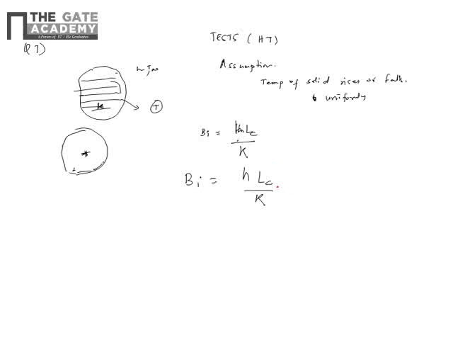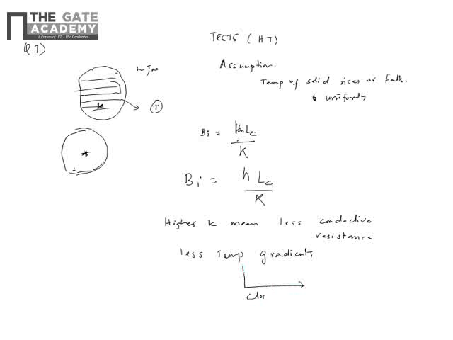A higher k means less conductive resistance and less temperature gradient in the solid, and that is close to the lumped analysis assumption.